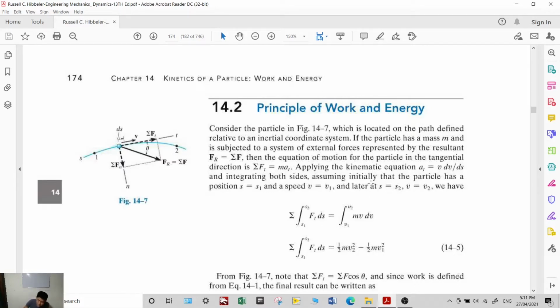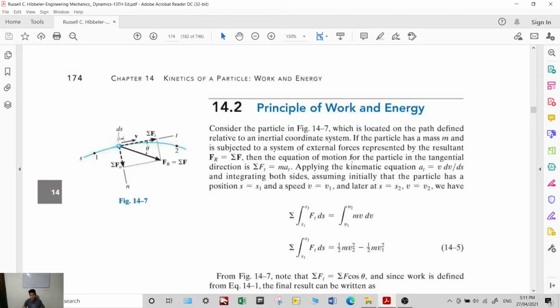However, we replace the tangential acceleration by the kinematic equation v dv over ds. So we substitute v dv over ds here in the tangential acceleration. That is why you get this equation: summation of forces multiplied by ds is equal to mv dv.